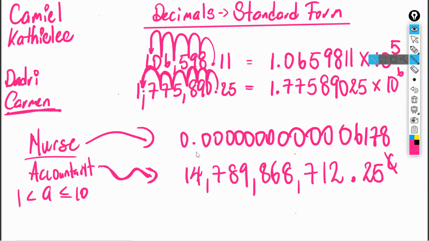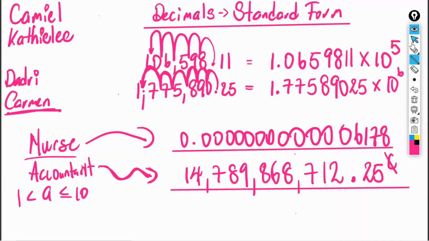These are the reasons, guys, why you need standard form. Some of these numbers are simply too big or too small to write. Does that make sense? Especially if you plan to do chemistry, which is why I said the nurse example is really important.